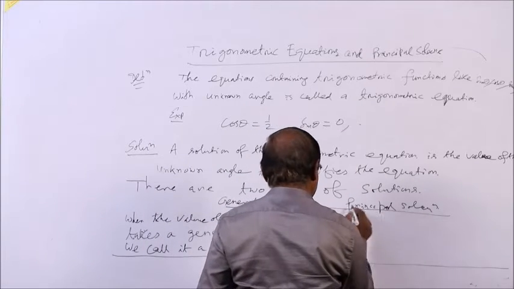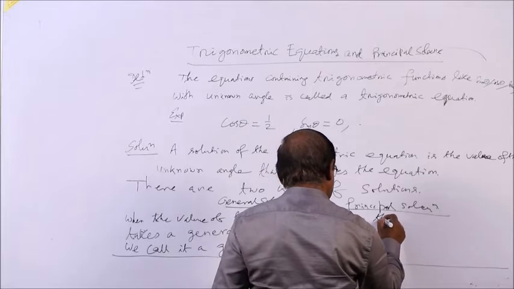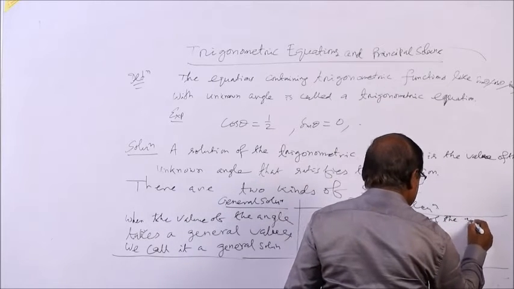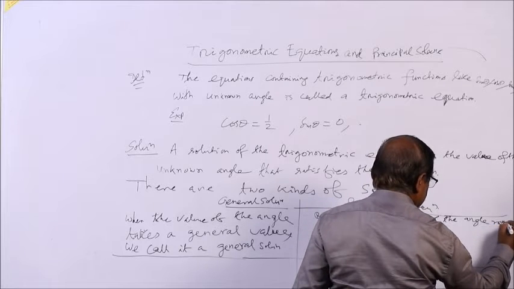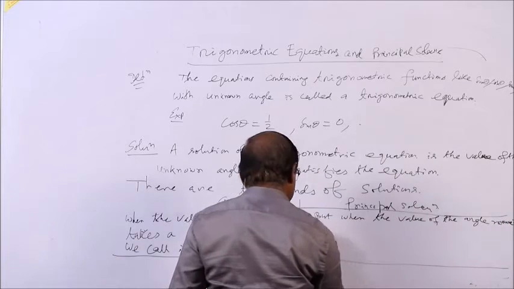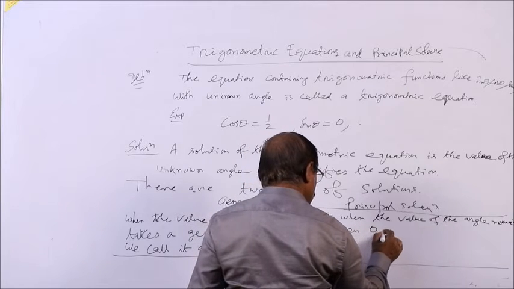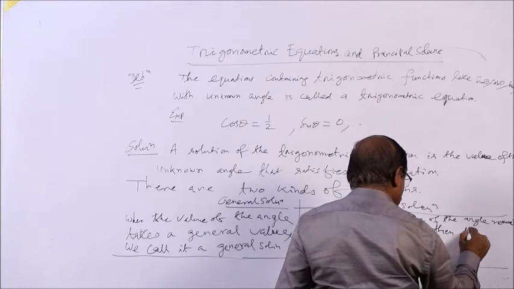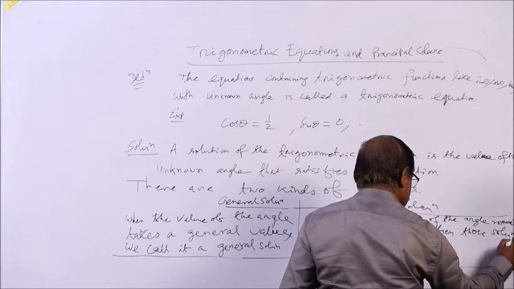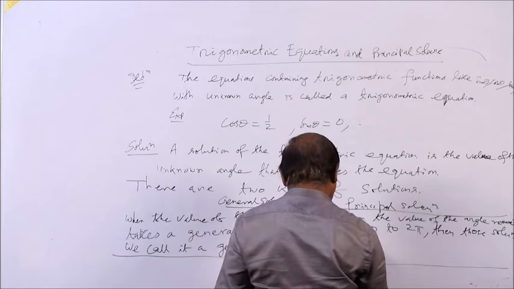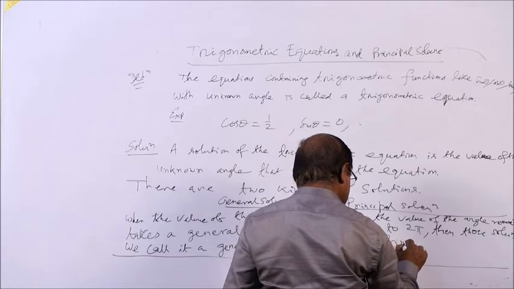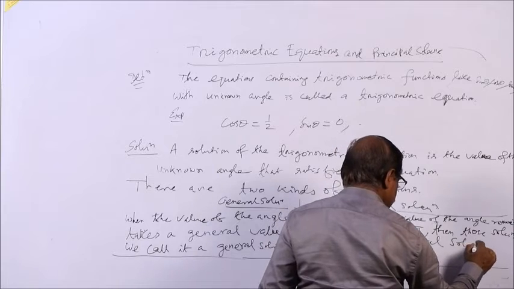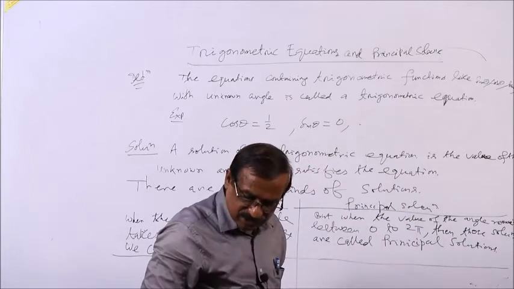But when the value of the angle remains between 0 to 2 pi, I mean 0 to 360 degrees, then those solutions are called principal solutions. Now, let us discuss one by one.